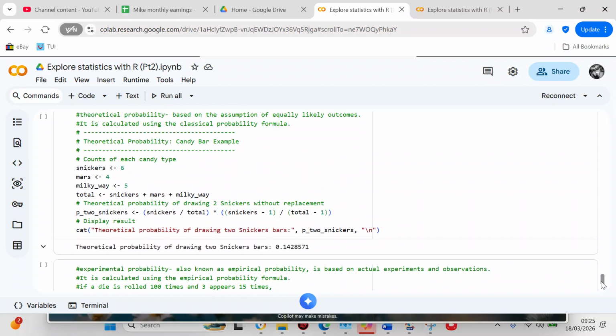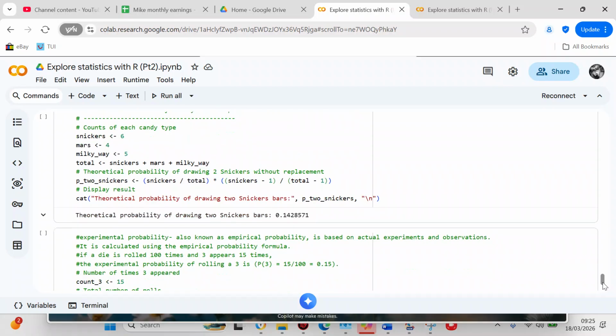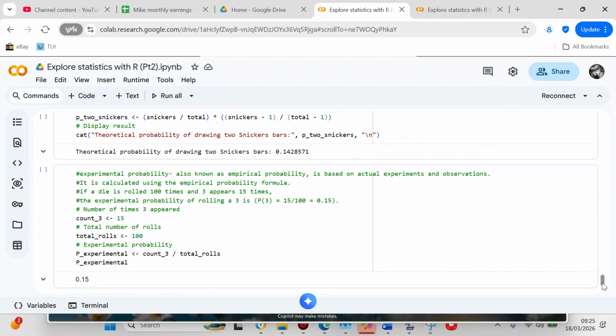So we solved the problem with the candy bars. Now we're going to study experimental probability, also known as empirical probability. It's based on actual experiments and observations. It is calculated using the empirical probability formula.